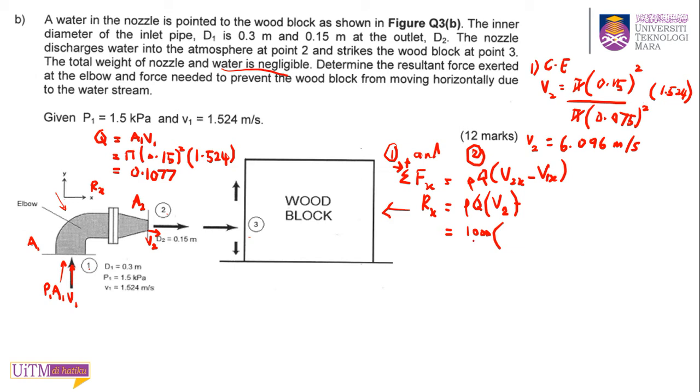Okay, so put back in this equation 0.1077 times V2, so you have your V2 6.096, and this will give you the resultant force in x direction. Berapa nilai ni?